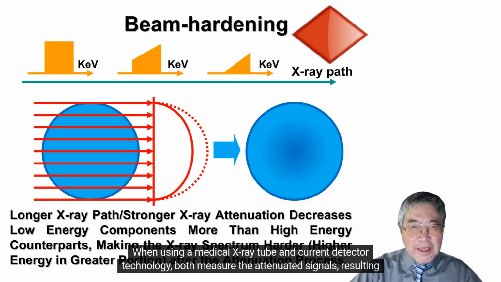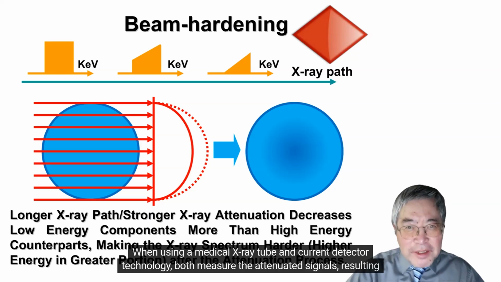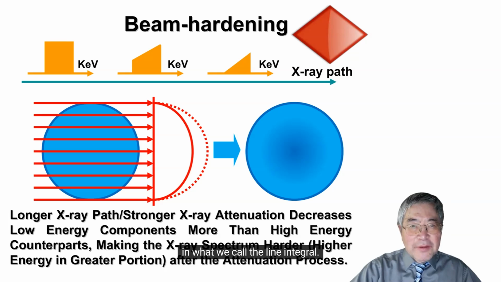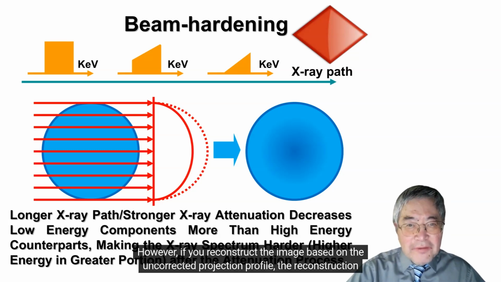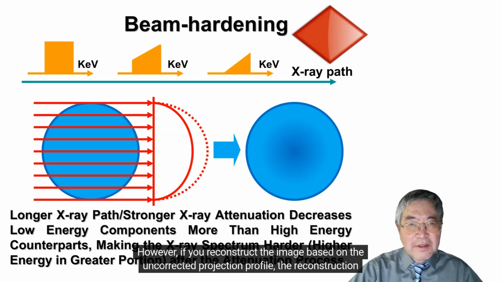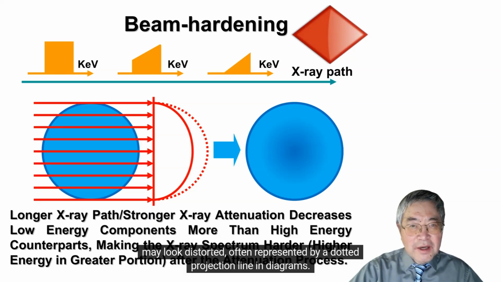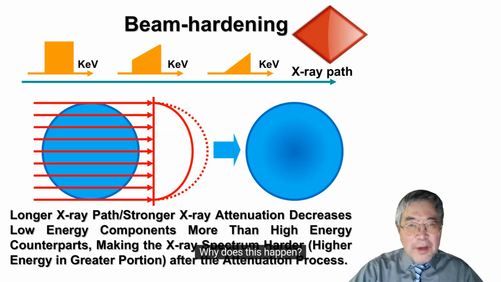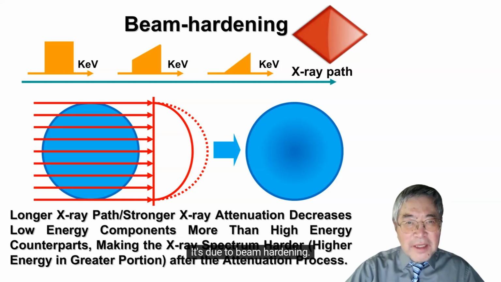When using a medical X-ray tube and current detector technology, both measure the attenuated signals, resulting in what we call the line integral. However, if you reconstruct the image based on the uncorrected projection profile, the reconstruction may look distorted, often represented by a dotted projection line in diagrams. Why does this happen? It's due to beam hardening.